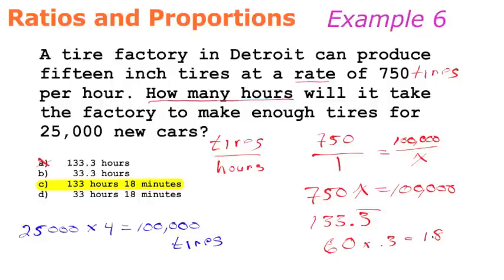And another way to get that 18 is just to go 6 times 3 to give 18. Because in 3/10 of an hour, 30% of an hour, there are 18 minutes. Or every 10th of an hour, there are 6 minutes, and you multiply that by 3 to get the 18 minutes. So that's how you end up with the wrong answer and how you end up at the correct answer.